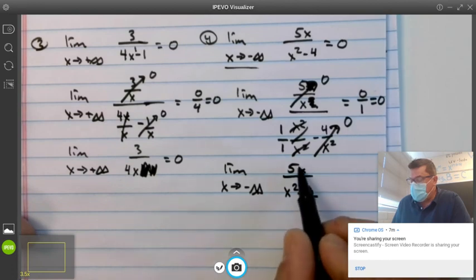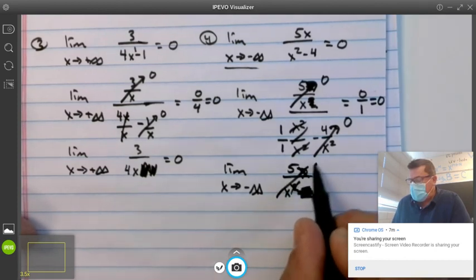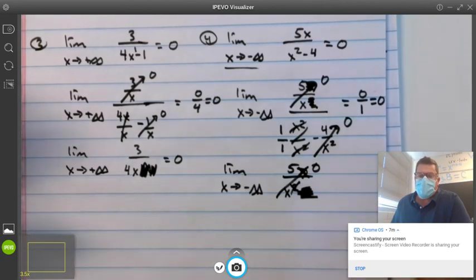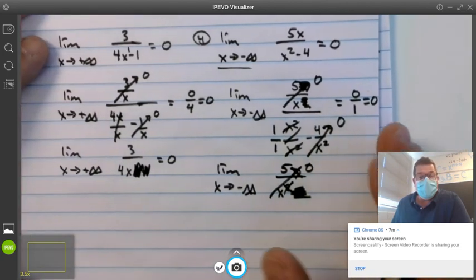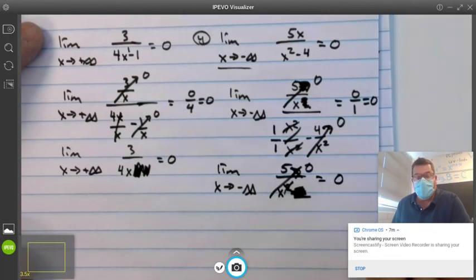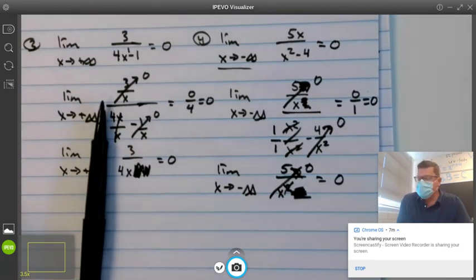Now, one of these x's cancels with one of these x's, and reapply the limit. In this method, we're canceling out an even number of x's, so we don't have to really worry about the nature of the final answer, especially when it's 0, whether it's positive or negative 0. And that's a quick look at part 1 of rational equations.